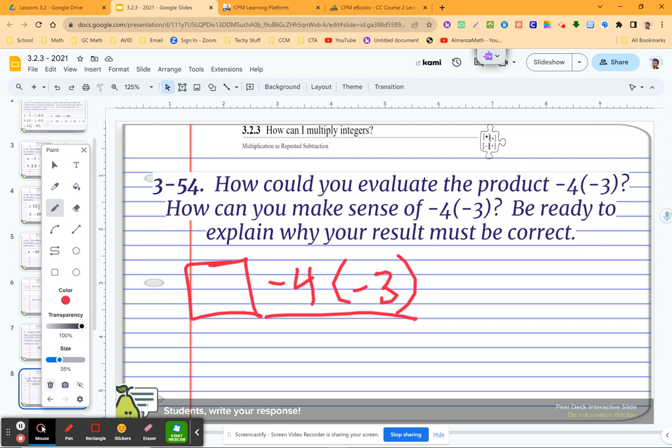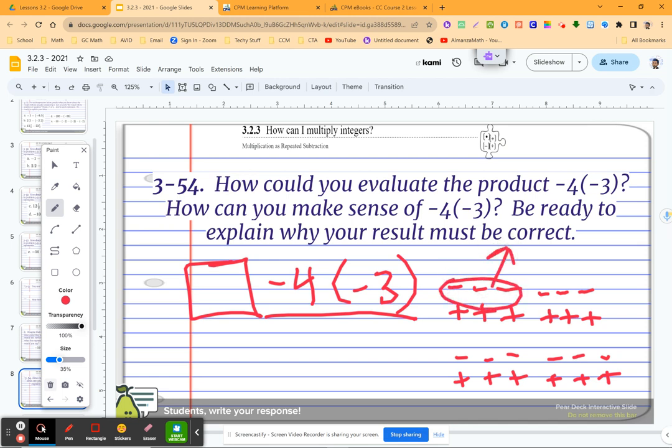And when we learned the subtraction diagram, we learned if we're taking away 4 groups of -3 from 0, we first have to have 4 groups of -3 to take away. So we have 12 zero pairs. So we still have 0, and now we can take away 4 groups of -3.